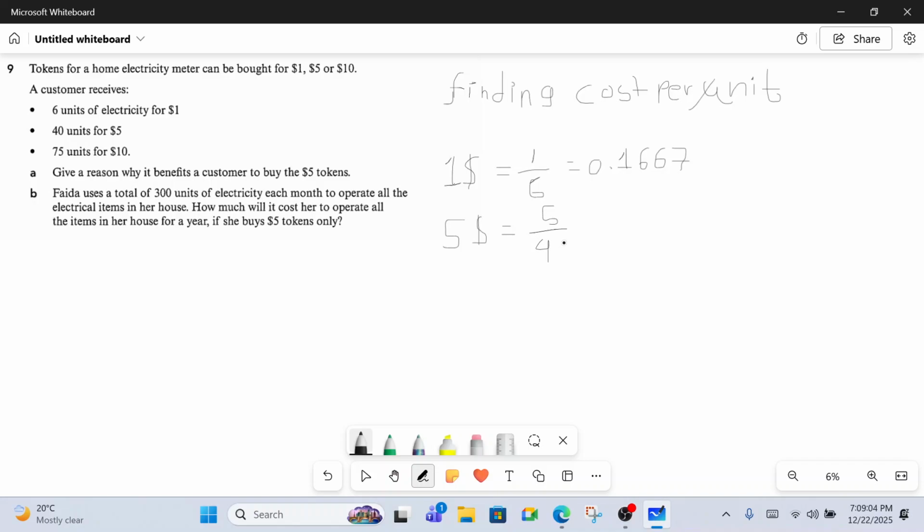What we have to do is represent units and tokens.